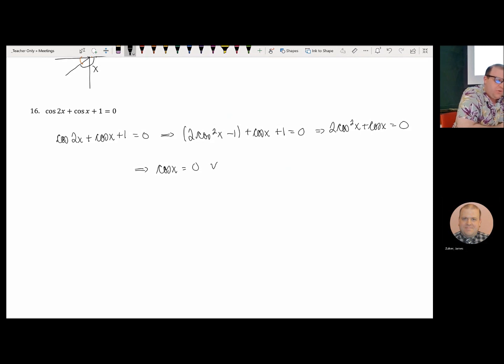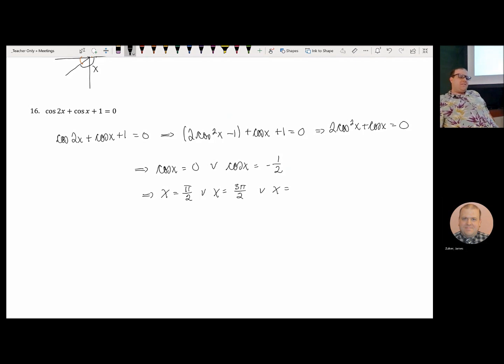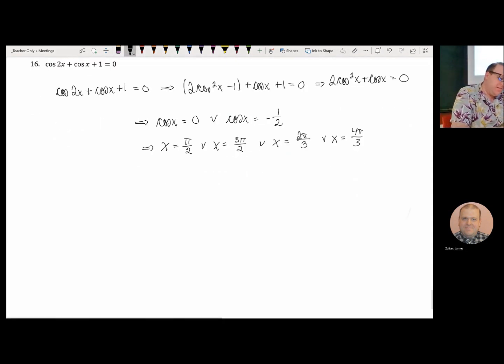Cosine is 0, or cosine is -1/2. Cosine 0 at pi over 2 or 3 pi over 2. Cosine is -1/2 at 2π/3 or 4π/3.